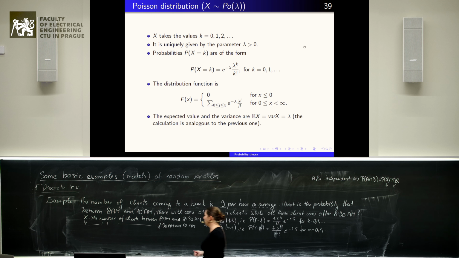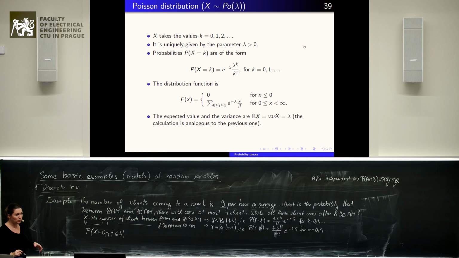And now we want to calculate the probability that nobody will come between 8 and 8:30, and then in the remaining time, at most 4 clients will come.